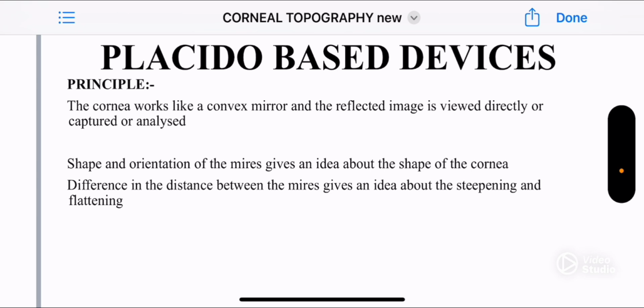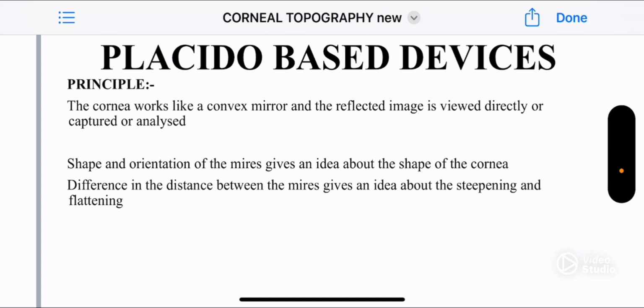Now, placido disc based devices. The principle is that the cornea works like a convex mirror and the reflected images are viewed directly or captured or analyzed. Now, the shape and orientation of the mires give an idea about the shape of the cornea.